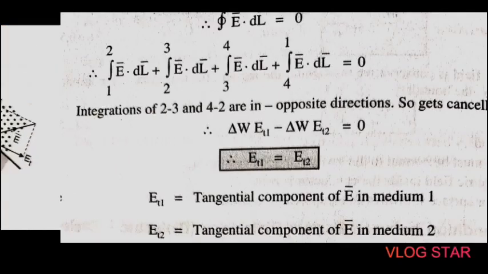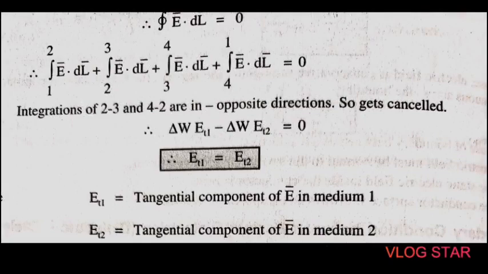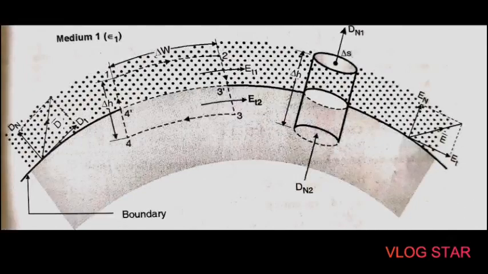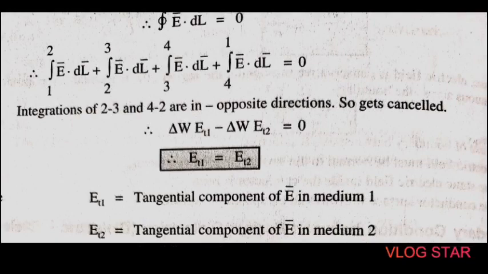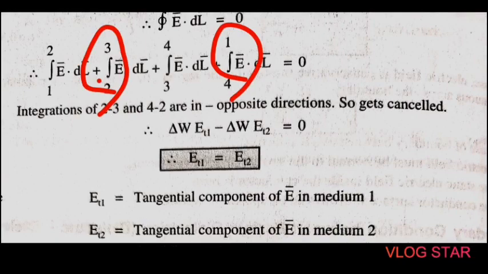So we can write del w Et1 minus del w Et2 is equal to 0. The 2 to 3 and 4 to 1 terms get cancelled, so the remaining terms are E bar dl bar from 1 to 2 and E bar dl bar from 3 to 4, which becomes del w Et1 minus del w Et2 is equal to 0.